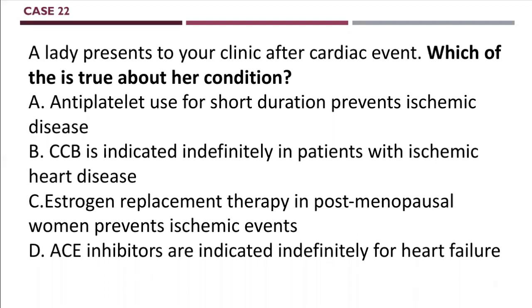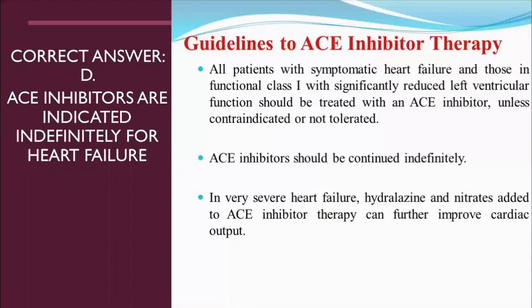First of all, they said using aspirin for a short duration is good to decrease the mortality and morbidity of the patients, but you have to carry on indefinitely. Me, I chose ACE. Why did I choose ACE?